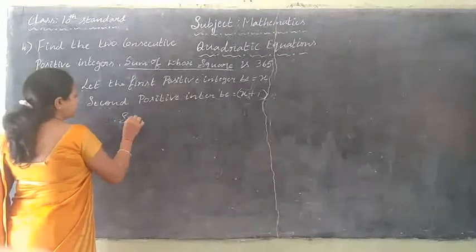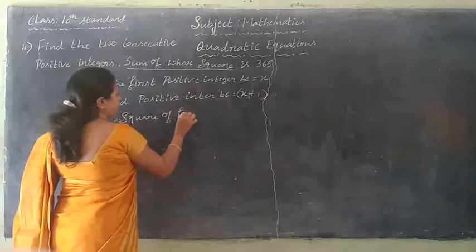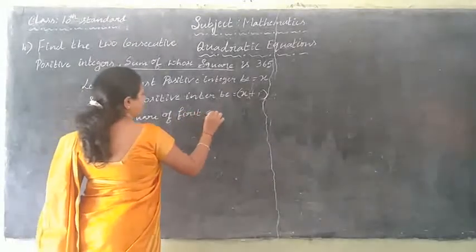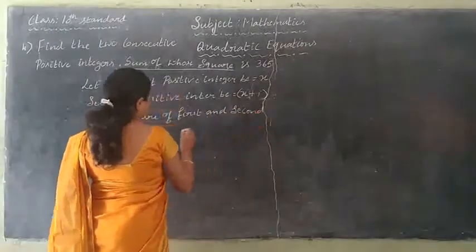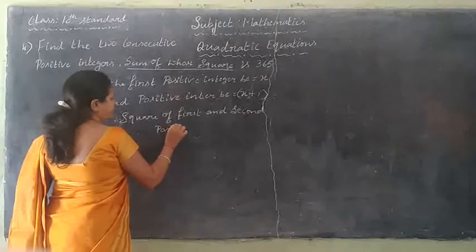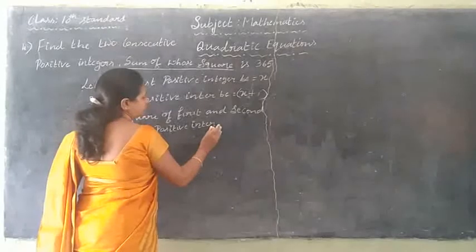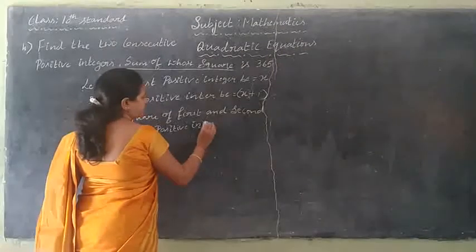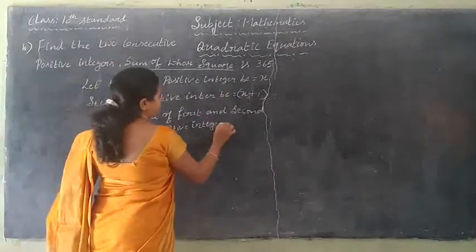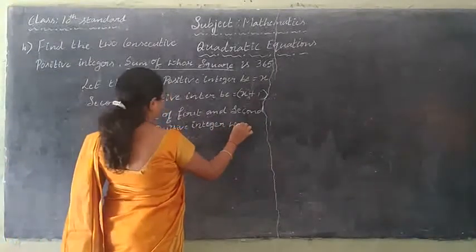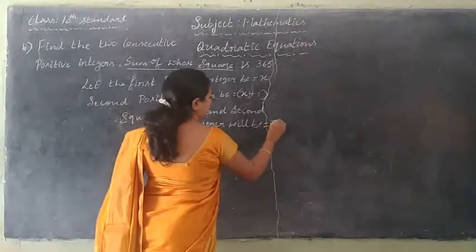So the sum of the squares of the first and second positive integers will be x square.